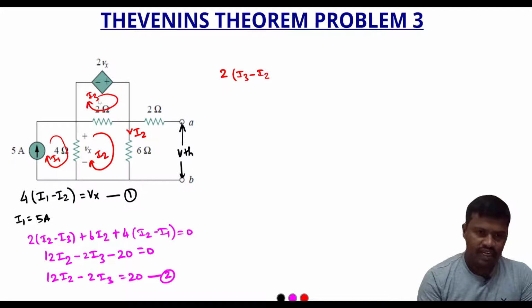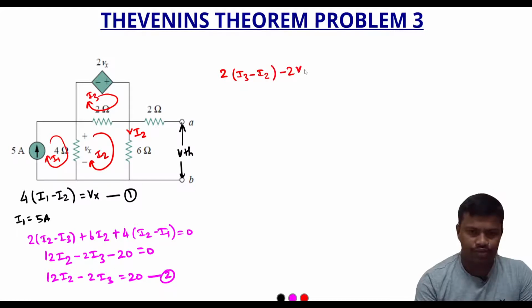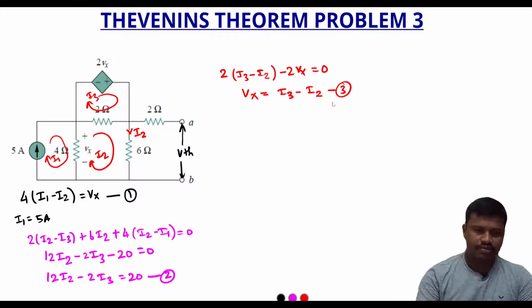The loop current I3 first meets the negative terminal of the dependent source, so we can write negative 2Vx is equal to 0. On simplification of this equation, we can write Vx is equal to I3 minus I2. Let us say this is equation number 3.